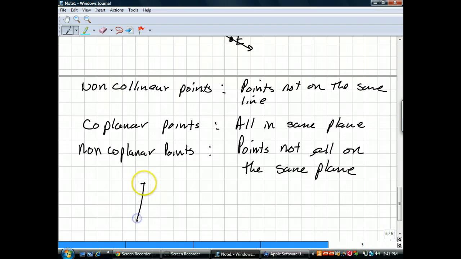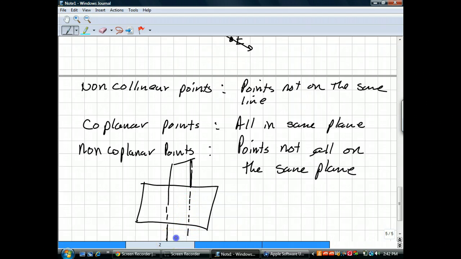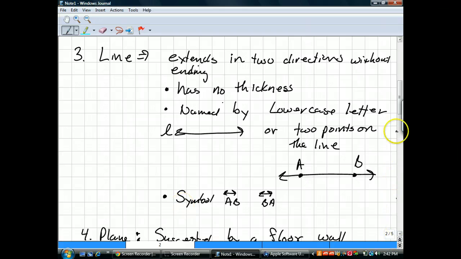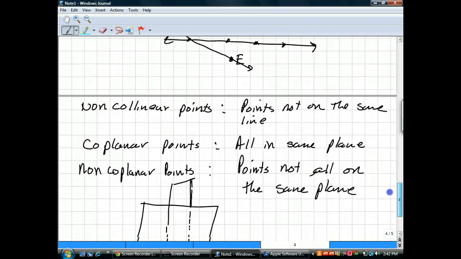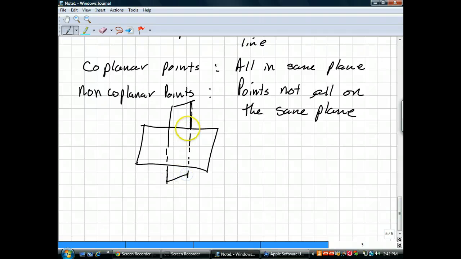So if I have this plane, which I'm trying to represent as a horizontal plane, and then this plane, which is a vertical plane, and I have a point A here and a point B here, those are non-coplanar points.